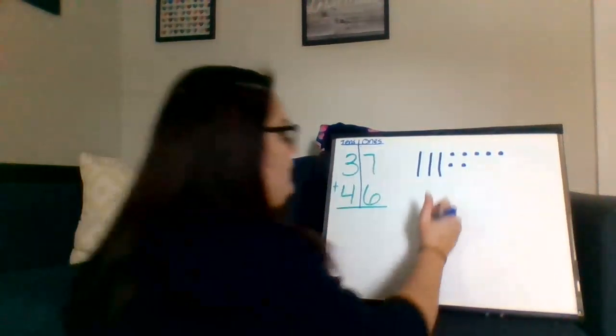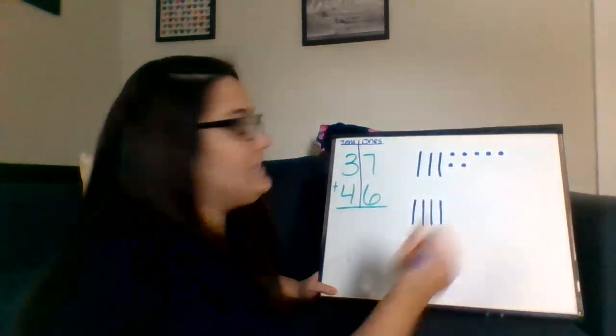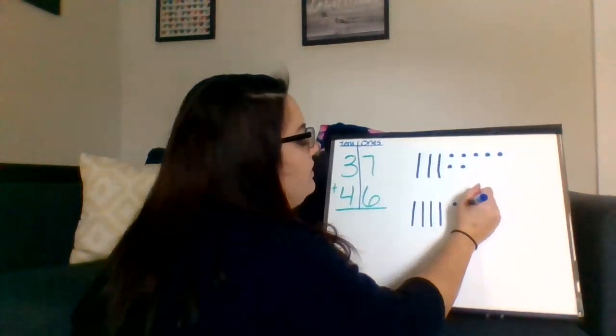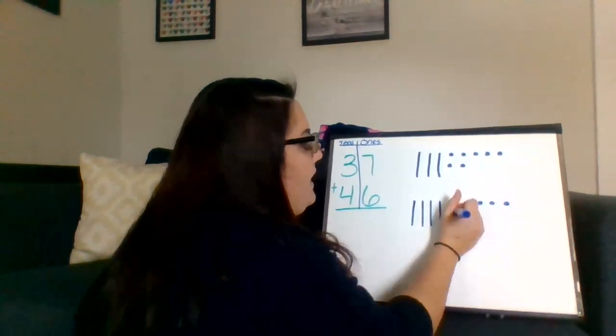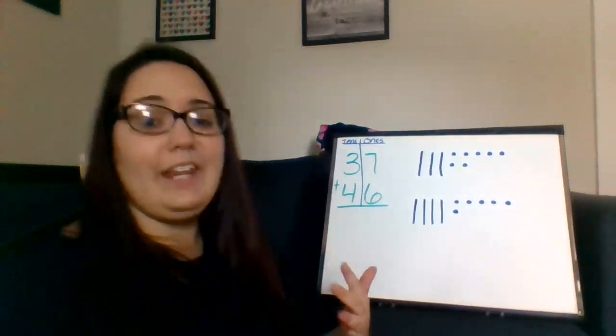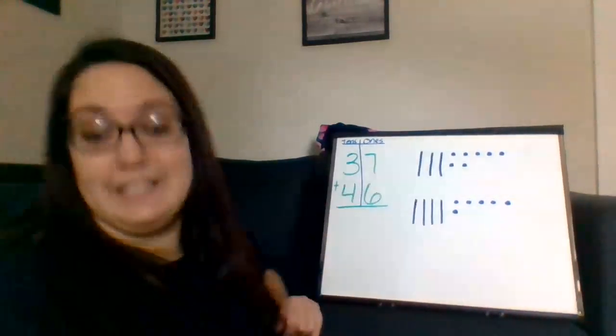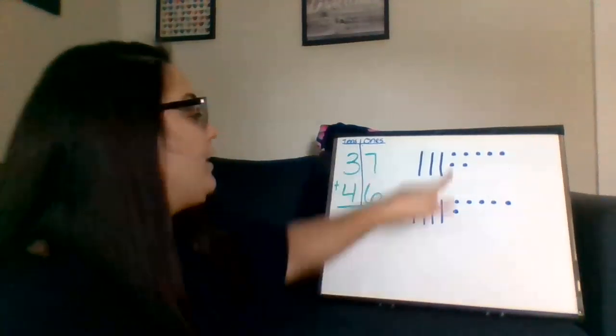Now I'm going to draw 46. So I have 1, 2, 3, 4 tens, and 1, 2, 3, 4, 5, 6 ones. Now I can count up my ones to see how many I have all together because when I add, I'm putting them together.